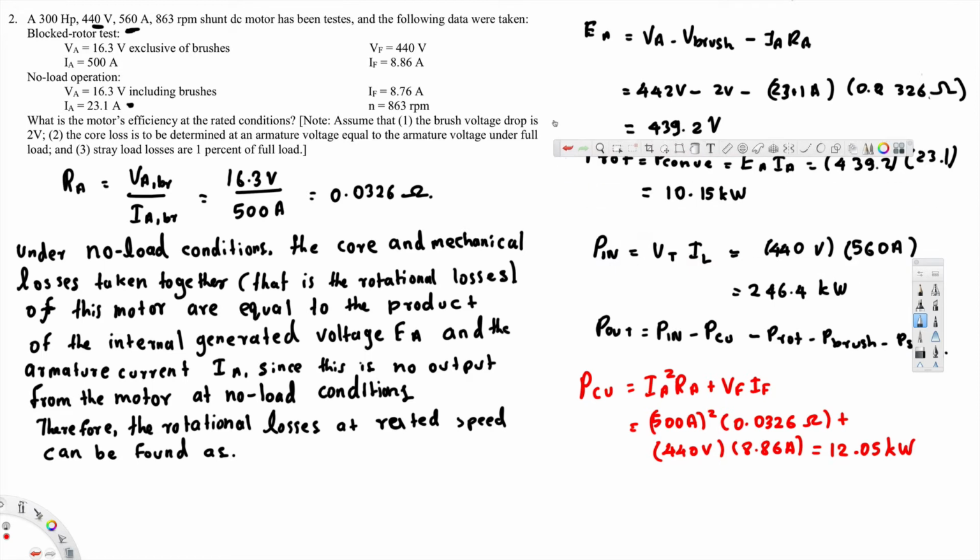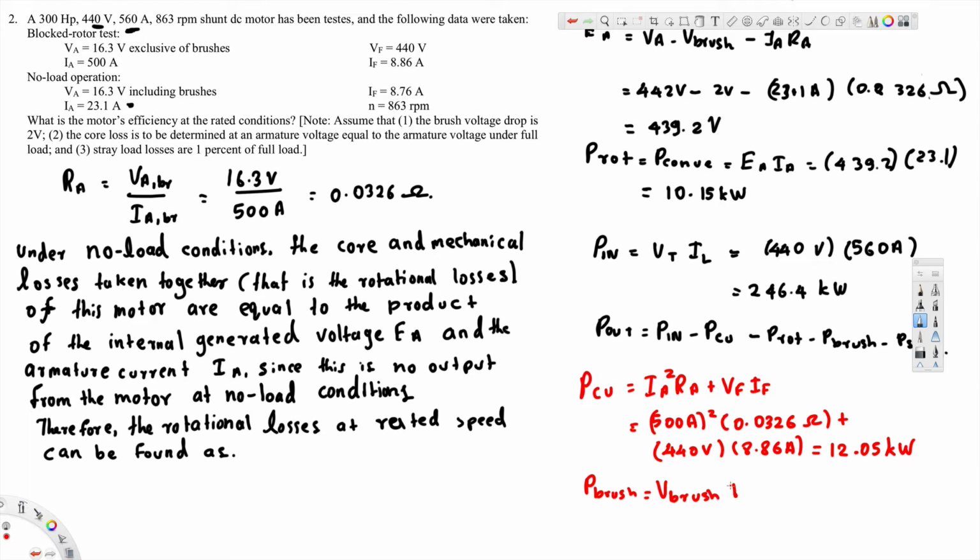Now the next thing is we are going to find out the brush losses. P brush is equal to V brush times IA. V brush is 2 voltage times IA is 500 ampere. That is equal to 1000 watts.